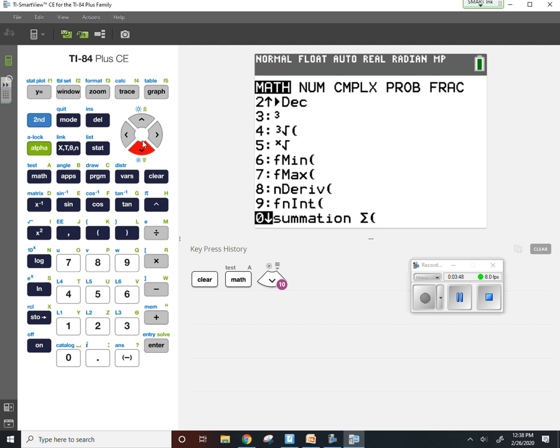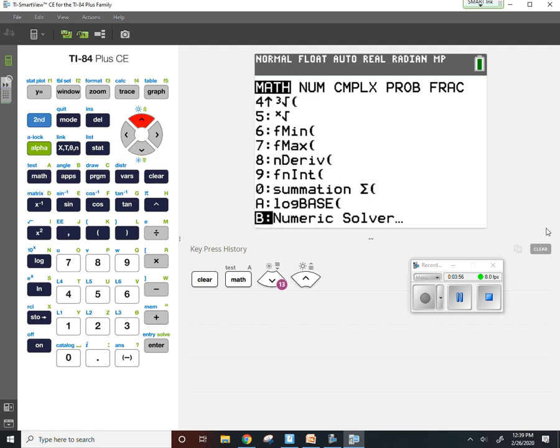Look down here. You see anything in this region that looks like it might be the right thing to use? This is in the math menu. Anything look like a definite integral? Yeah, function integral. Ooh, so math 9, this is on the TI-84.